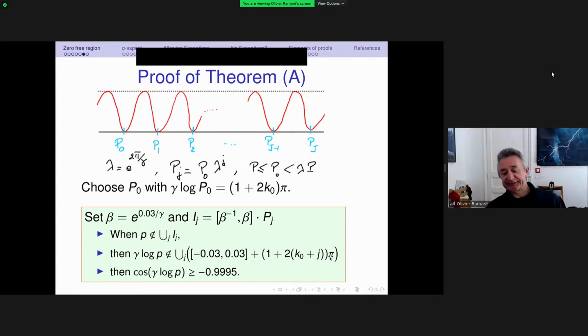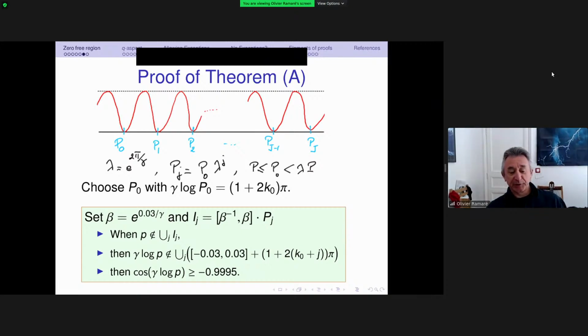You see they are centered about odd multiples of pi, where cos x is equal to -1, and you're away by a small quantity, which is this one. So when p does not belong to this union of intervals, cos of gamma log p is strictly larger than -1. You don't save much, but you save something. I mean, you can improve the numerics. I just wanted to be clear.